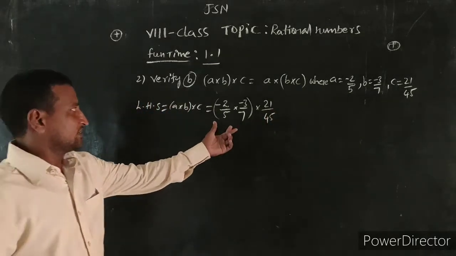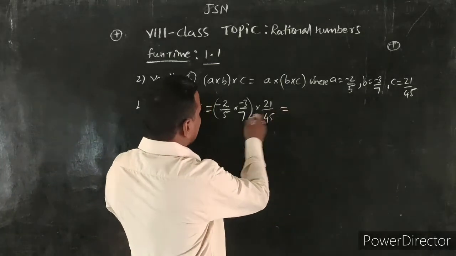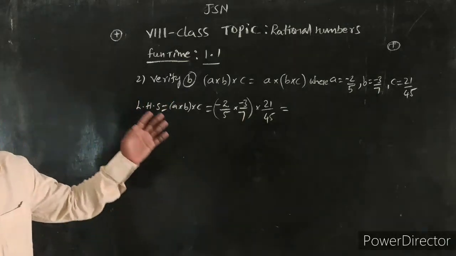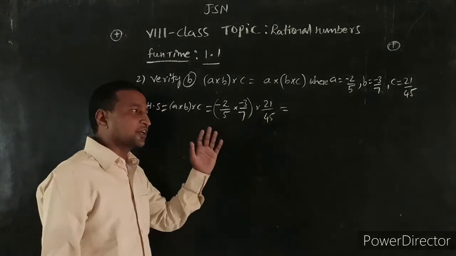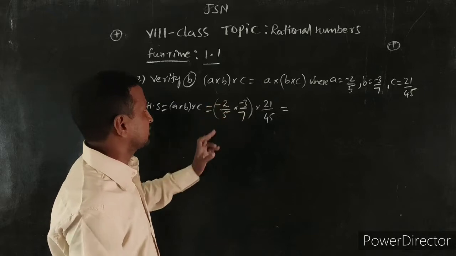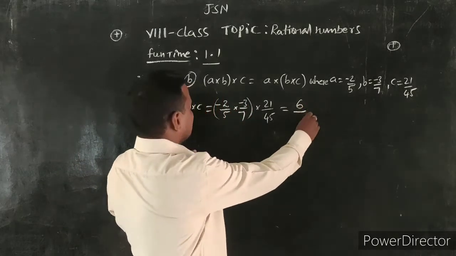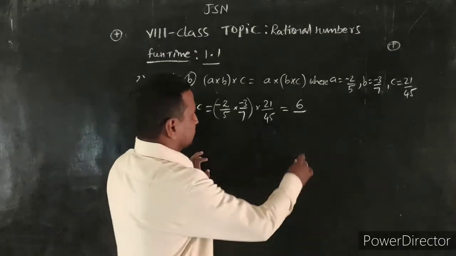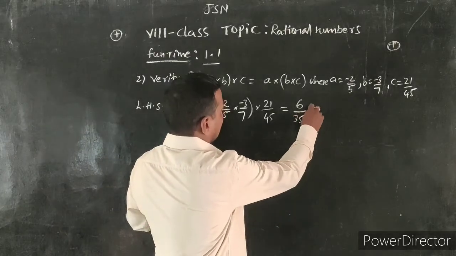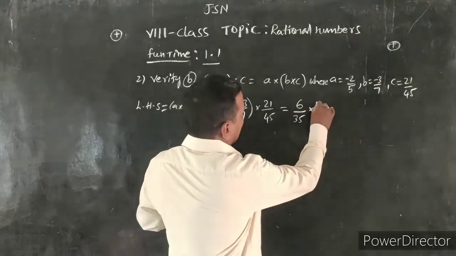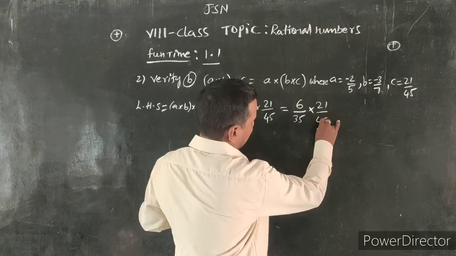Solve the first bracket. The product of two rational numbers means the product of the numerators by the product of the denominators. Minus into minus is plus, 2 into 3 is 6 by 7 into 5 is 35, into 21 by 45.